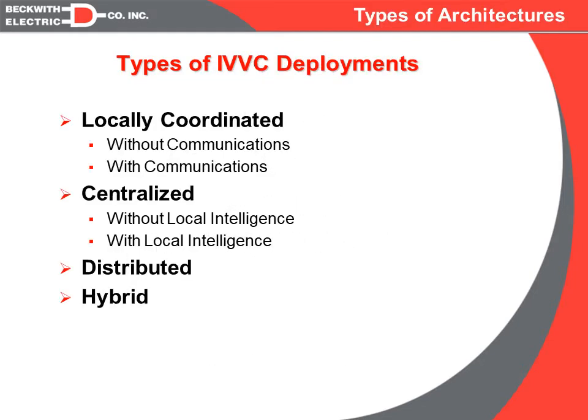So, typically we see one of 3 or 4 types of systems deployed. The first type of system is locally coordinated. In this type of architecture, communications is not required, and the goal is to coordinate the controls locally and have all decisions made at the local control level. The second type of system is a centralized system. In this type of system, the controls are not made locally.